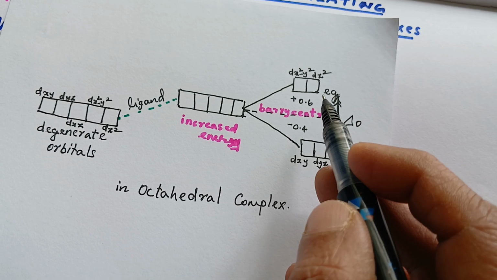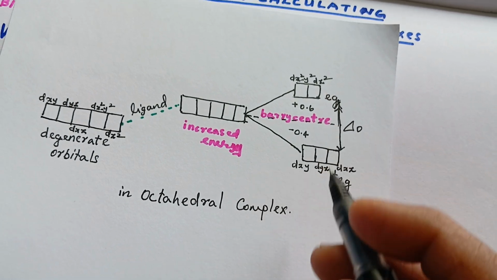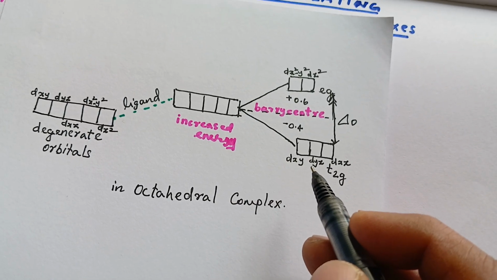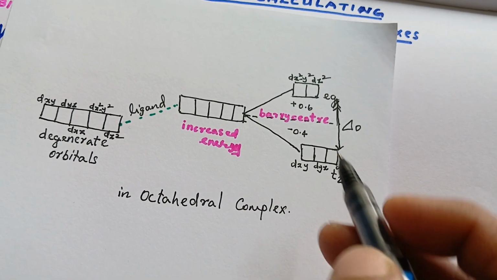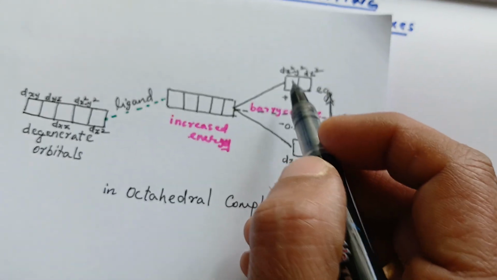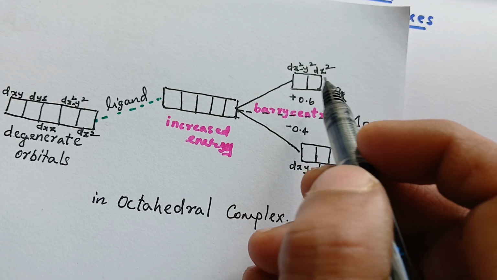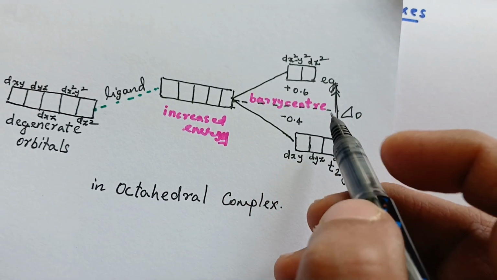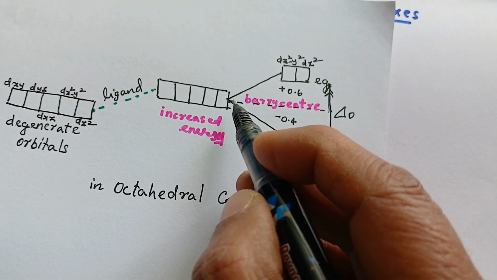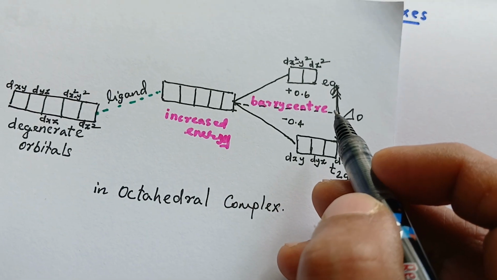The EG set has higher energy and the T2G set has lower energy. The dxy, dyz, dxz set belong to the T2G group, and the dx square minus y square and dz square belong to the EG group. Now this line is called the barycenter.